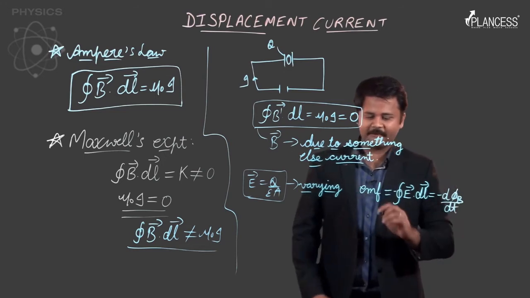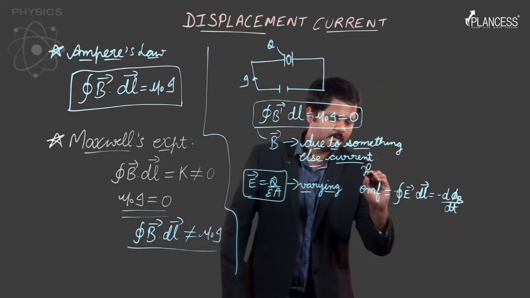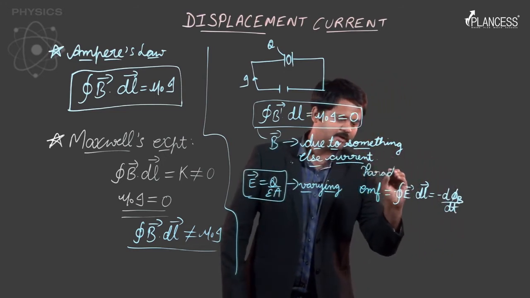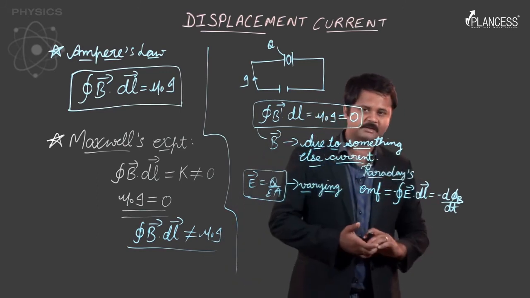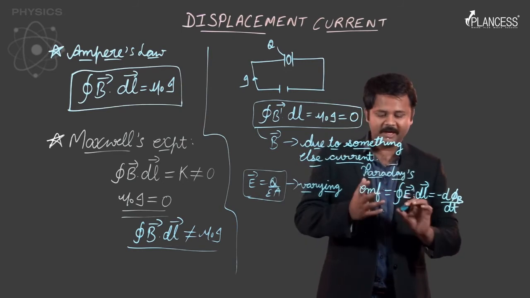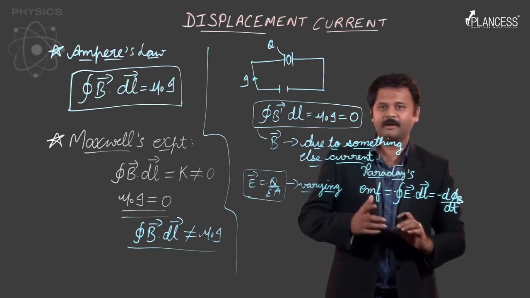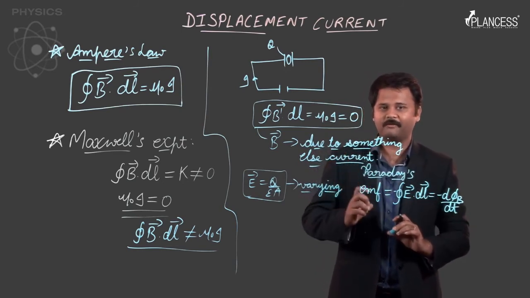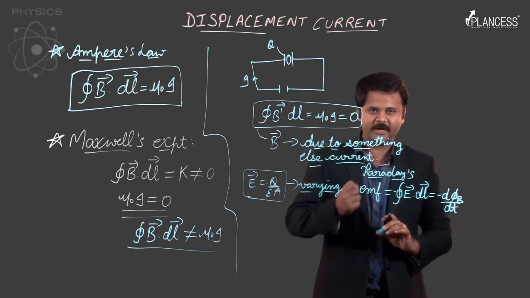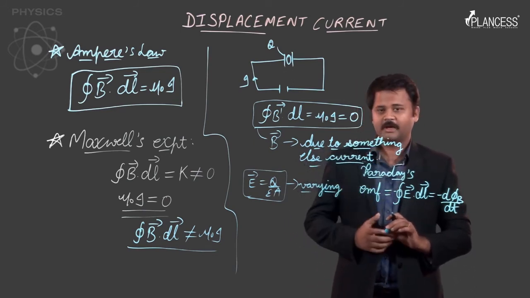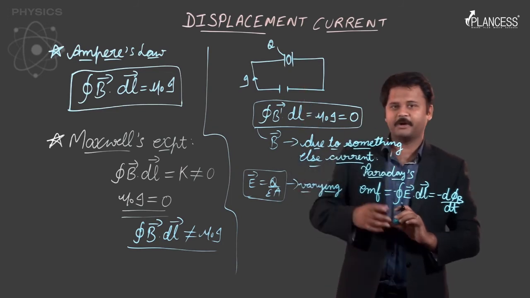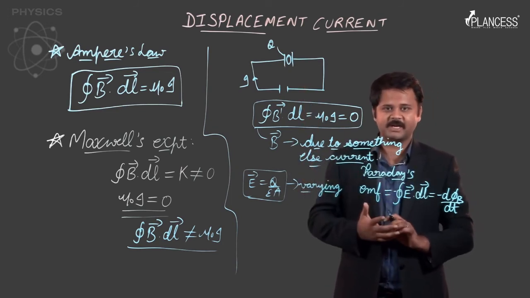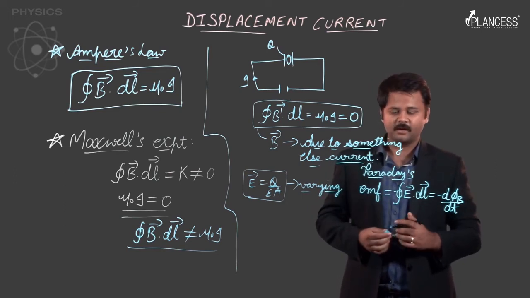So he observed that Faraday's law states that due to varying magnetic flux across this loop, there is an integral E dot dl, or rather an electric field that has been set up at all points across this loop. He also observed that the electric field is changing this time for this particular loop because the capacitor is charging, hence its charge is varying.